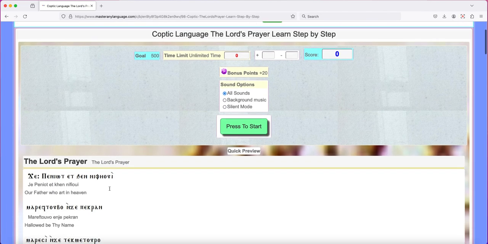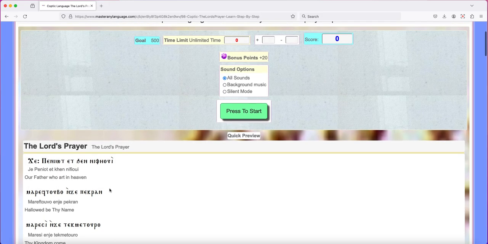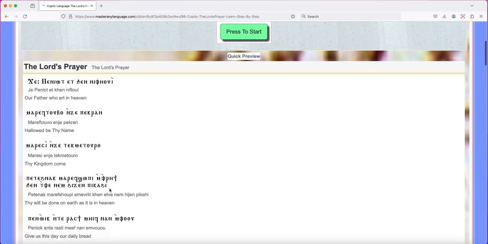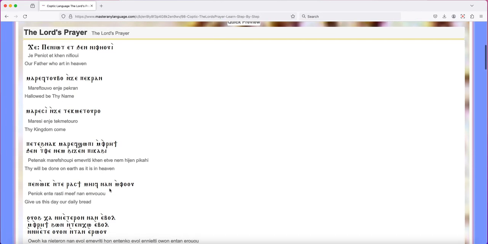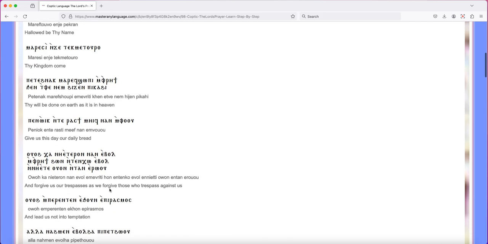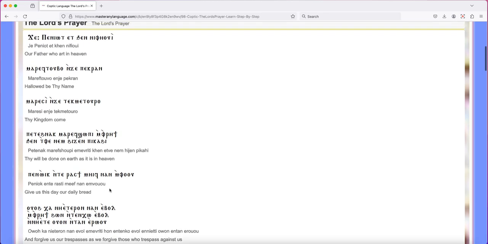For different reasons. Everyone has a different reason. Maybe we're in a Coptic Mass and we hear it, we know it even, maybe we know some of it, but we're mumbling through during Holy Week or something, and we want to really know the words.